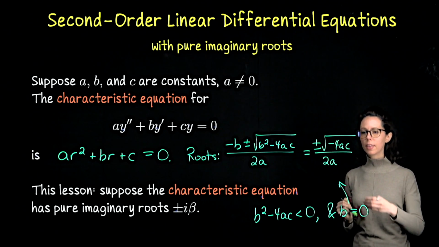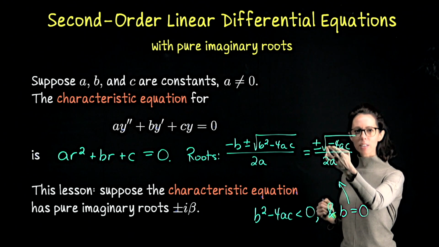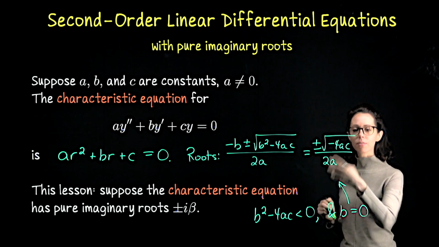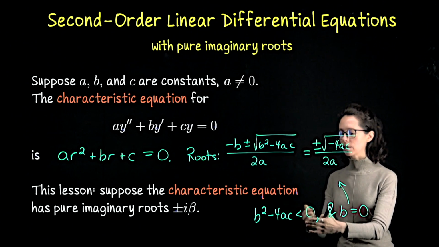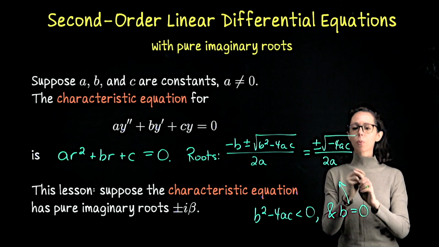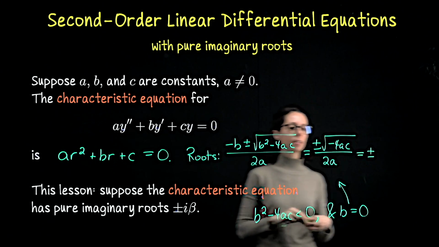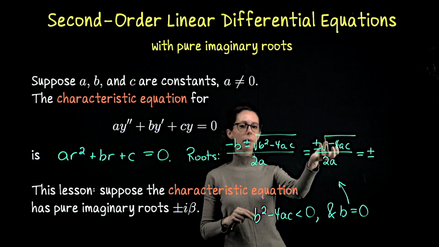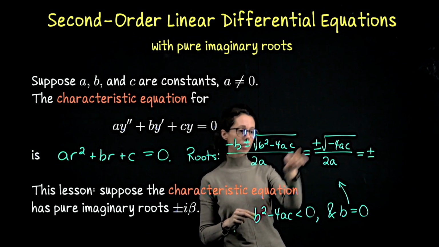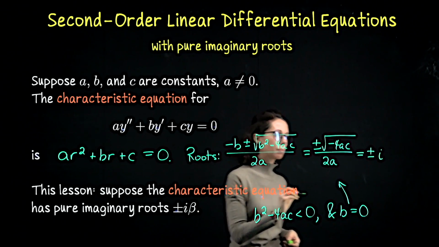The negative here is what's making this negative, so the product of a and c is going to be a positive number. So I'm going to say this is plus or minus, and because of this negative, I'm going to pull the negative 1 out. Take the square root of negative 1, which is what we call the imaginary number i.